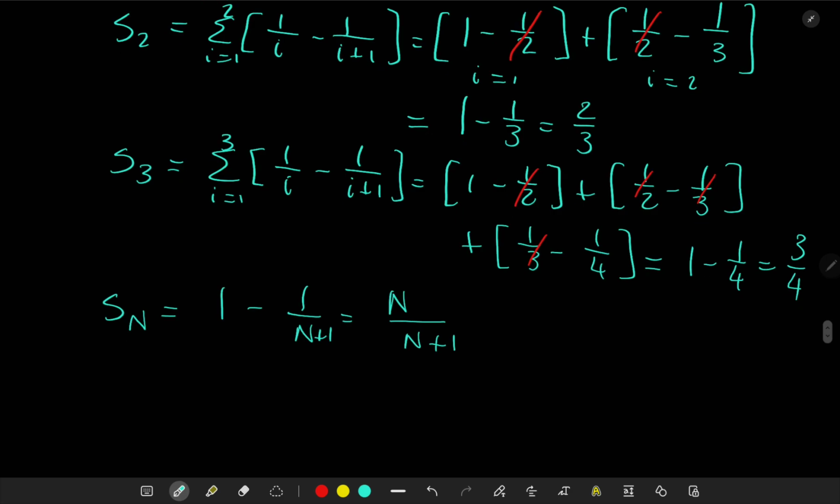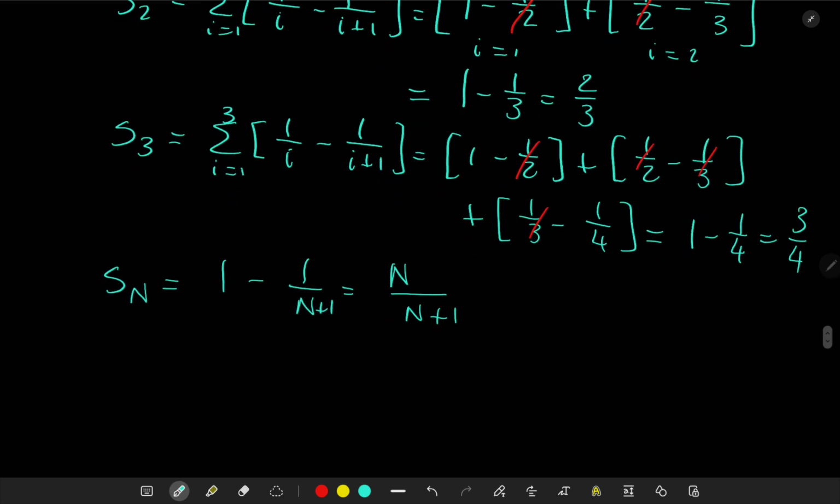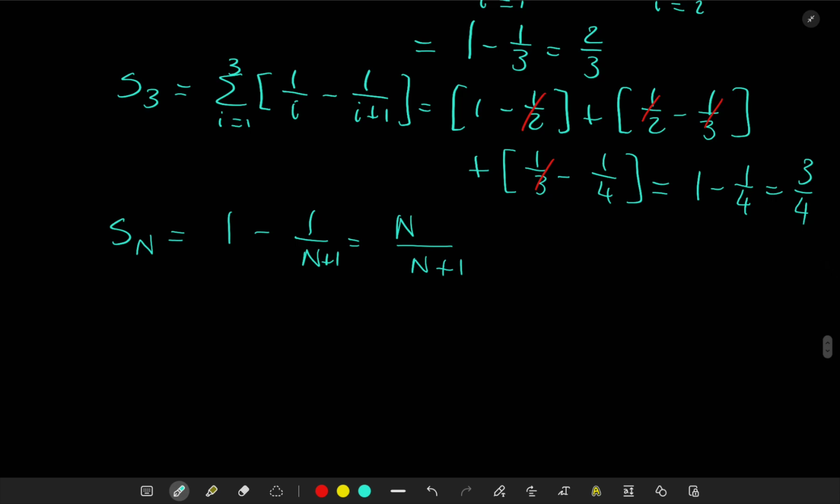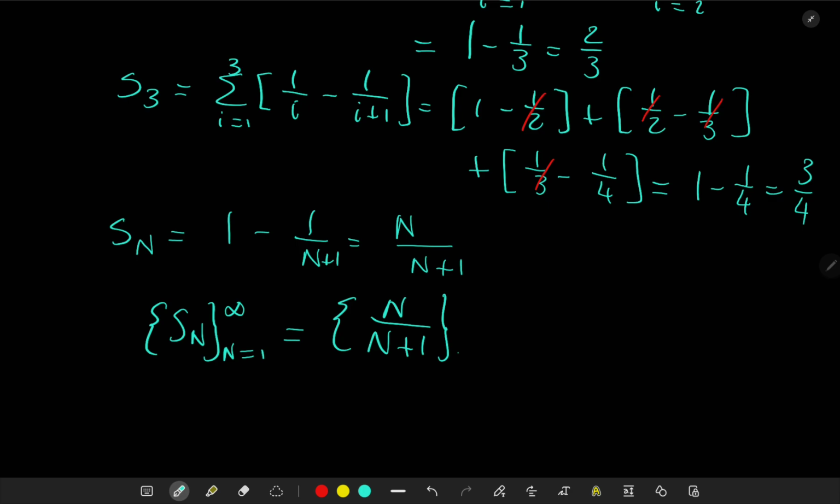And this is not a proof; you'd have to do a proof by mathematical induction to be perfectly precise, but this suffices for us because we know that in this telescoping series, things are going to cancel in between. So now the sequence that you're interested in is the sequence of the partial sums from n equals 1 to infinity. And in this case, I have a formula for it: the sequence of n over n plus 1 as n goes from 1 to infinity.